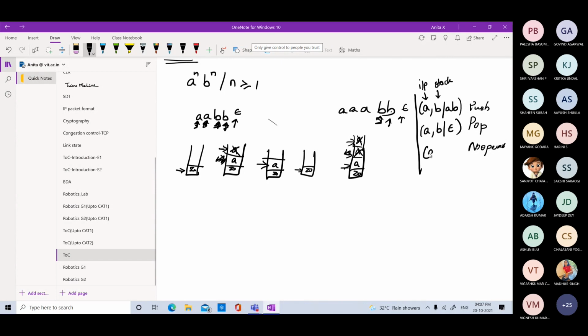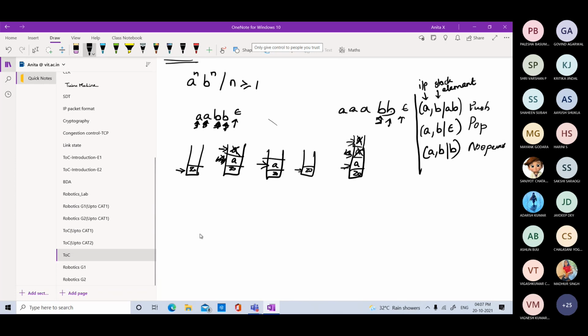Next comes no operation: input symbol is A, top of the stack element is A, then I perform no operation. These three are the operations we'll be using in the pushdown automata. Just make a note, it will be clear when we see further examples.